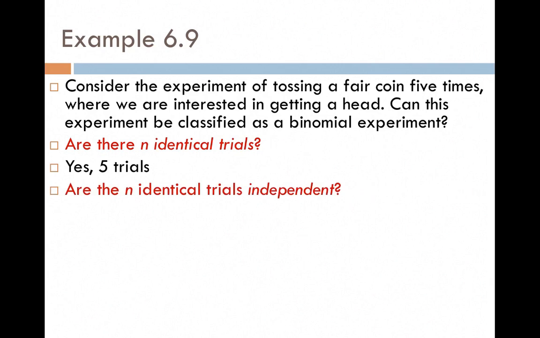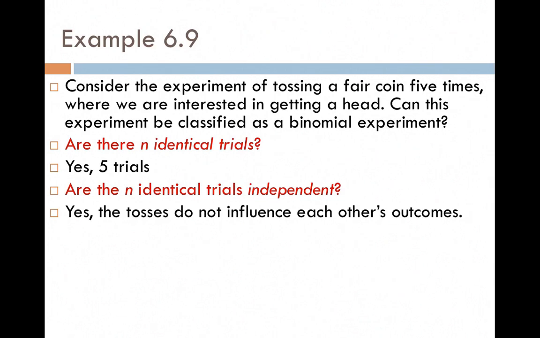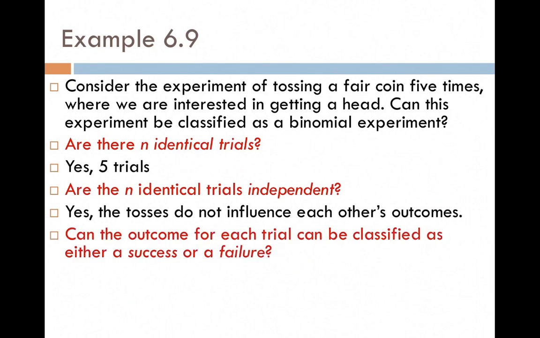The second condition, are the n identical trials independent? Well, if we flip that fair coin 5 times, let's assume that the experiment involves independently flipping the coin. So yes, the tosses do not influence each other's outcomes. One toss would be isolated from other tosses. The third condition, can the outcome for each trial be classified as either a success or a failure?